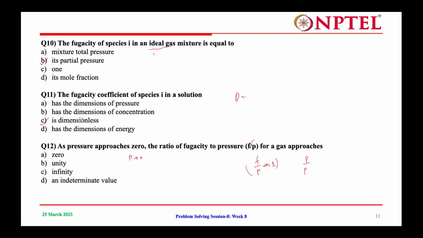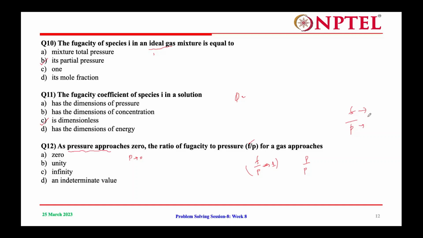But this is a GATE question, based on concepts. If you put pressure like this, this is a limiting condition. f by P: this represents the real gases, this the ideal gas.